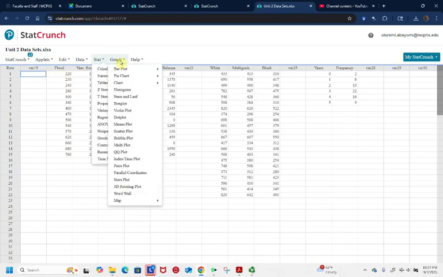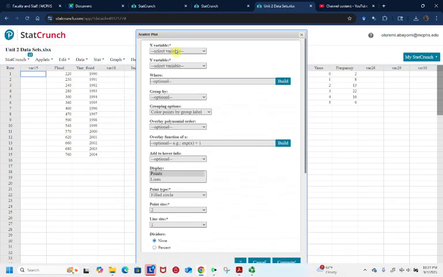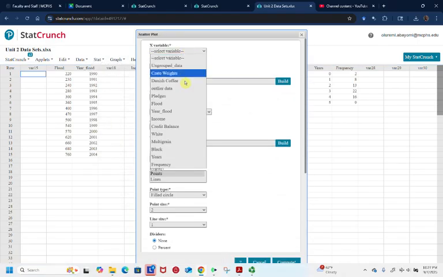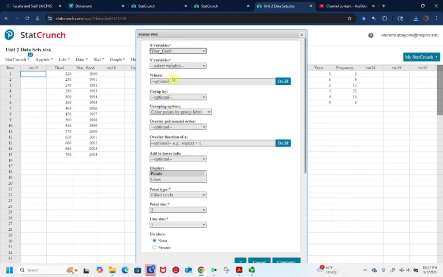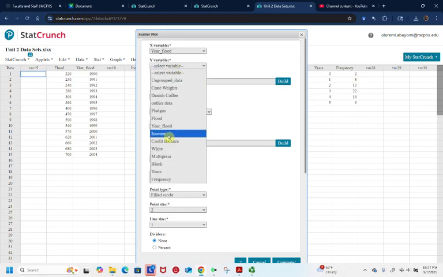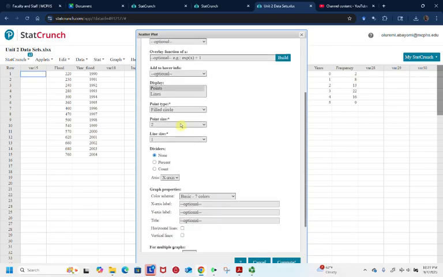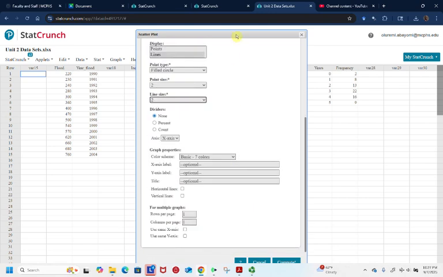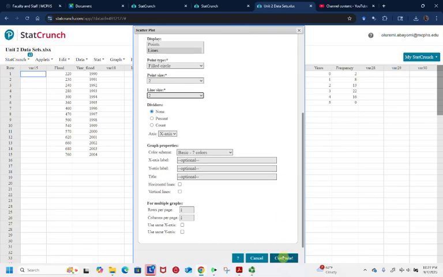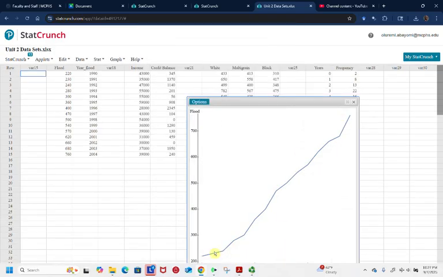So again, to re-illustrate, I'll go to graph, go to scatter plot, then my x variable must be the variable for the year, for time, and the y variable would be what has been measured over those years, which is flood. And I will go back. I'm going to indicate that I want a line graph, and I like to make the line size bolder. And let us see. So go to compute, and we have this trend line.